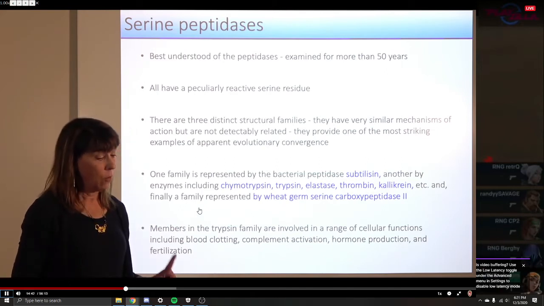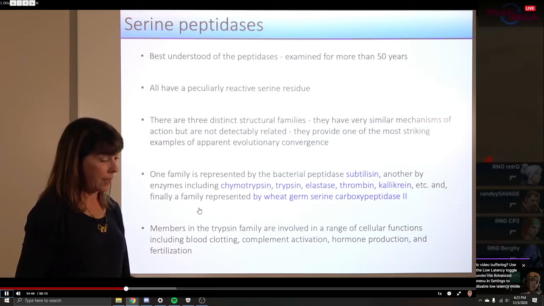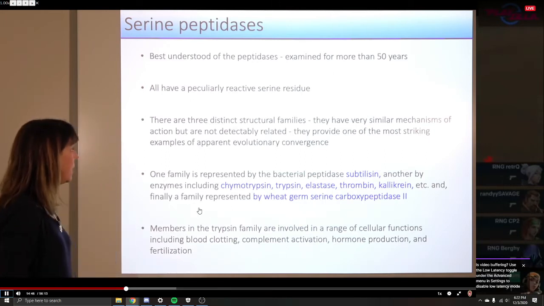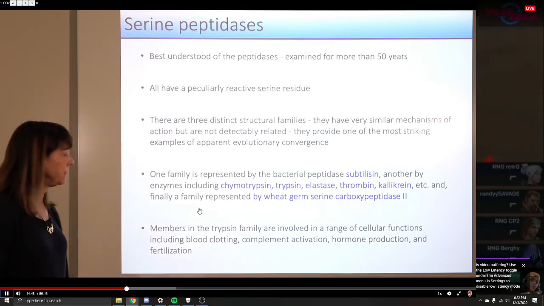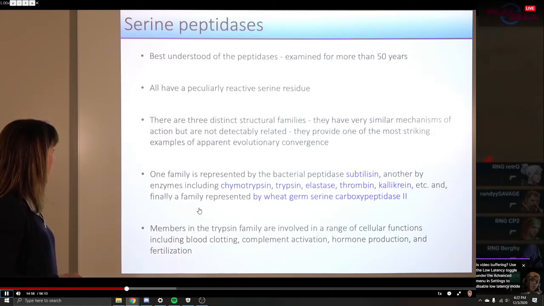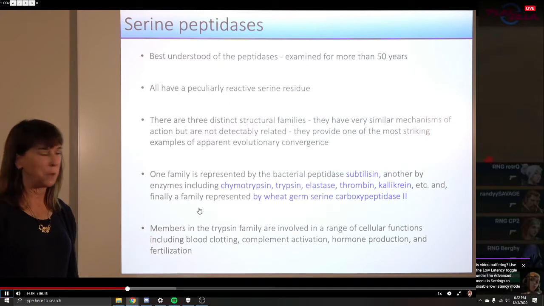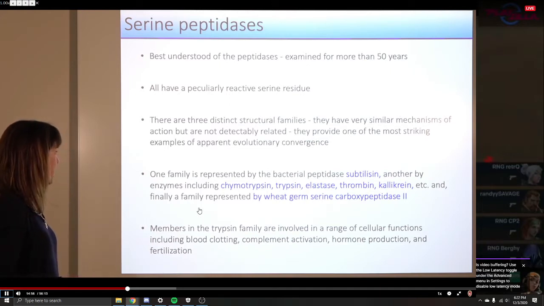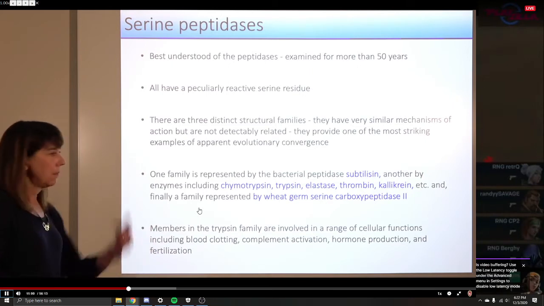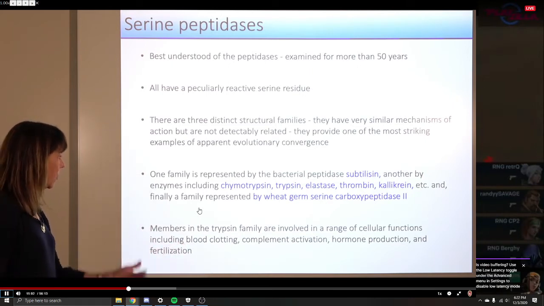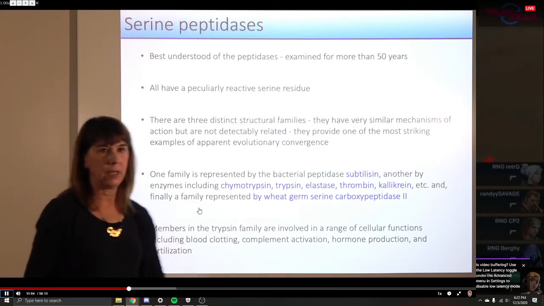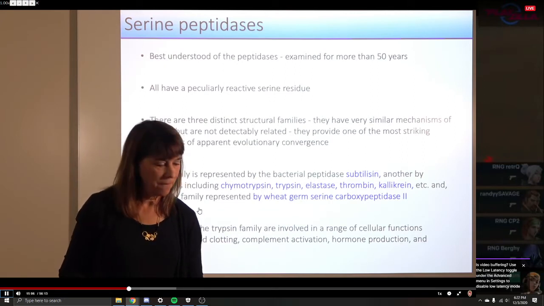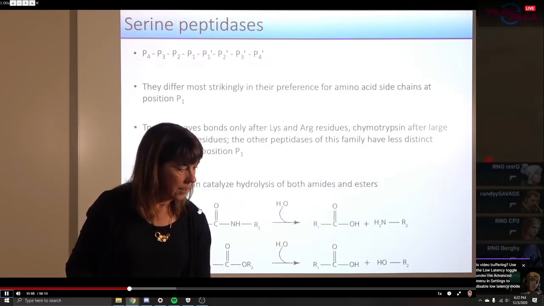Well, they're actually looking for kallikrein 3, which is a serine protease. And then there's a final family represented by wheat germ serine carboxypeptidase 2. Now, the trypsin family is involved in digestion, blood clotting, fertilization, complement activation, hormone production. They're very widespread.